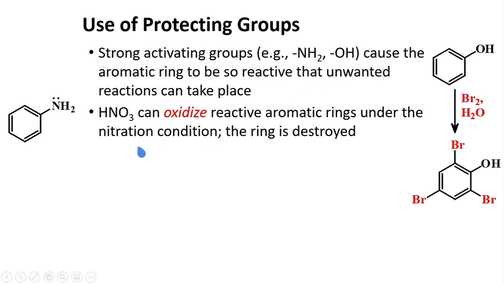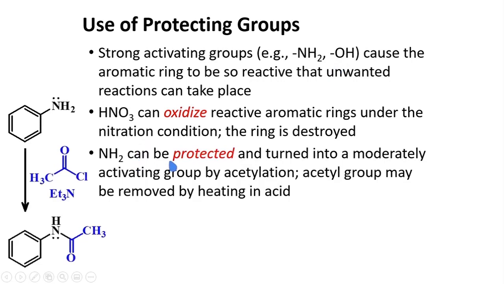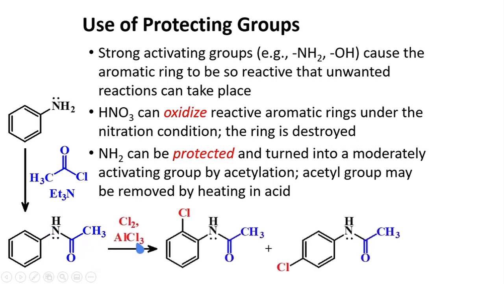To avoid this problem, we can do a protection step. The amino group, for example, can be protected by an acetyl group. Acetylation converts your amino group into a more mildly activating acetamido substituent, and subsequent electrophilic aromatic substitution can be controlled quite easily.